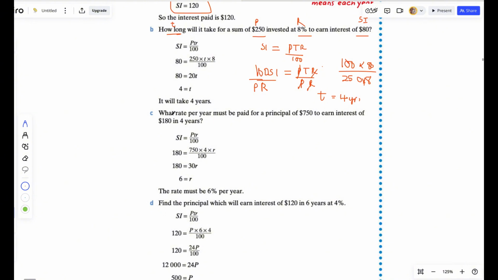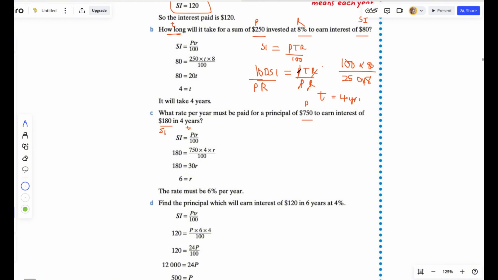The third question will ask us for something different. It says, what rate per year must be paid for a principal of 750 to earn an interest of 180? So the simple interest is 180 in this regard, in 4 years. Time is given here, but they want us to make rate the subject.